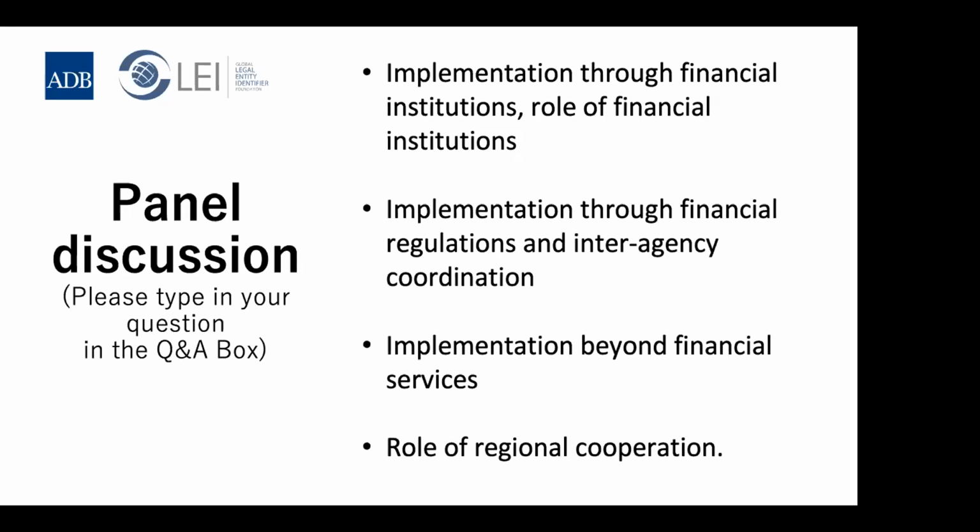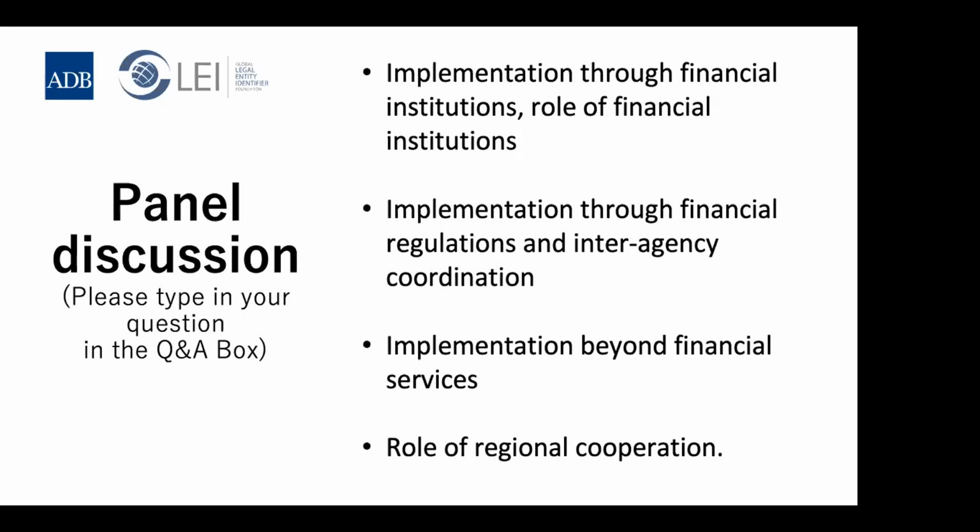to push the LEI for SMEs, we need cooperation, especially cross-border cooperation, and organizations like the ADB can play a very important role in this process. So if the counterparty you trade with, for example, has an LEI, they can use the LEI to do business with the domestic business identity.